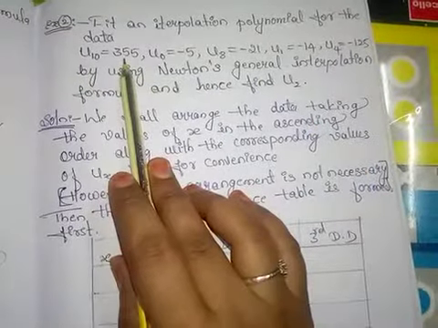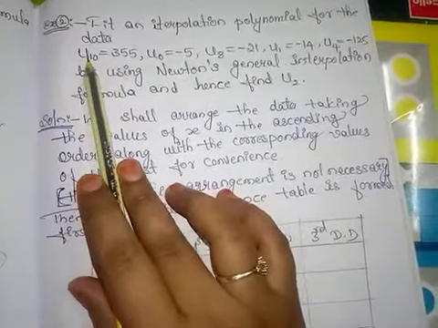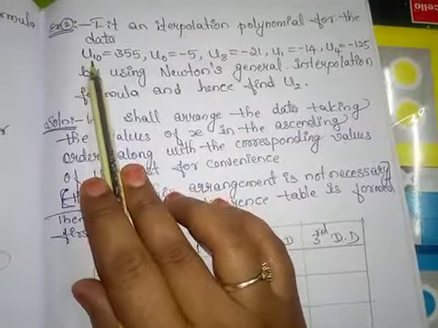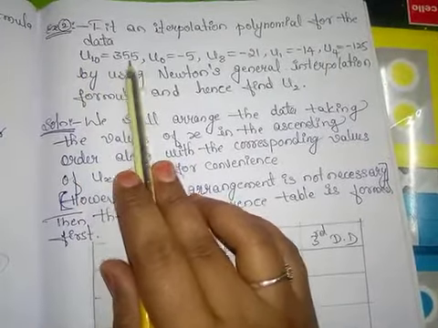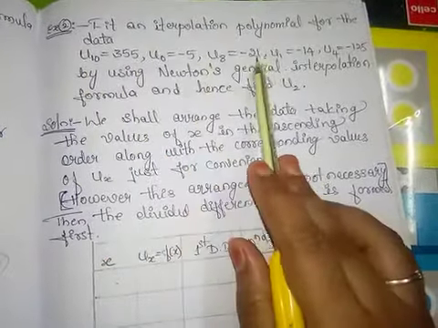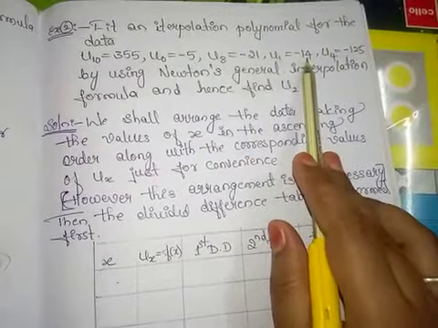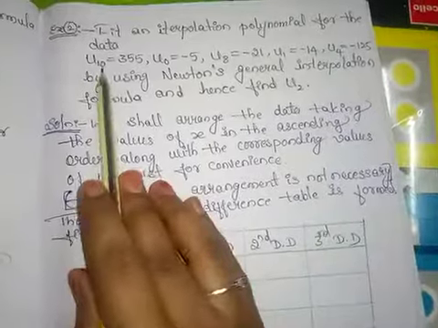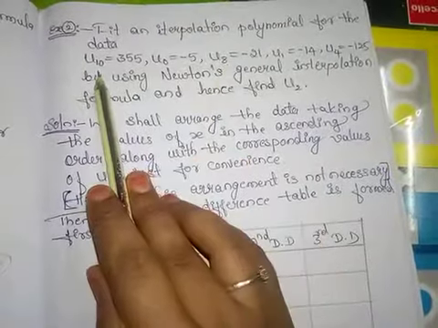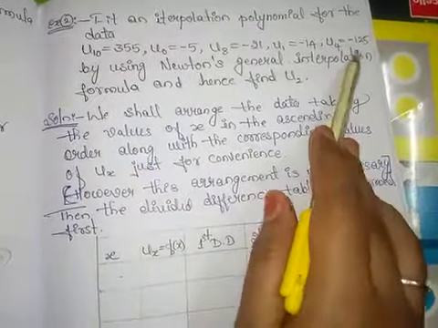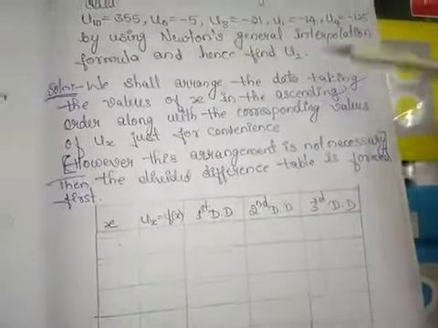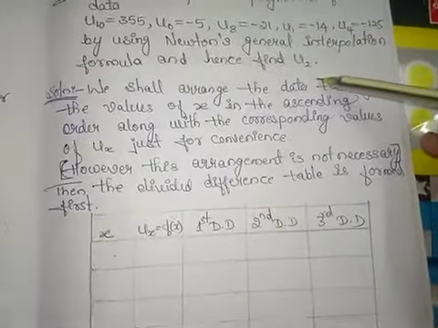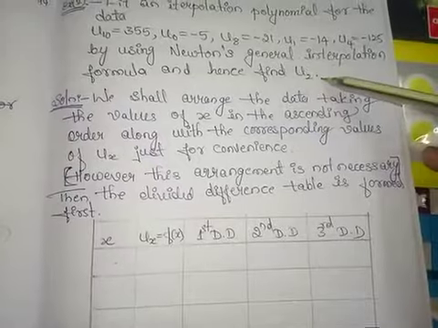You already know, these are the functional values. F of x is equal to what here? 355, minus 5, minus 21, minus 14 and minus 125. These will give us what? The values of x. We have to find here u2, means f of 2 we have to find.